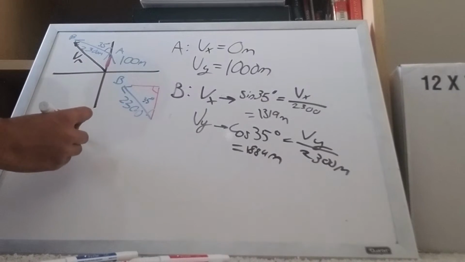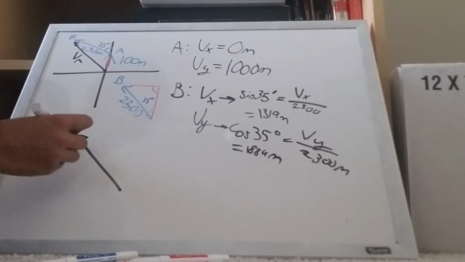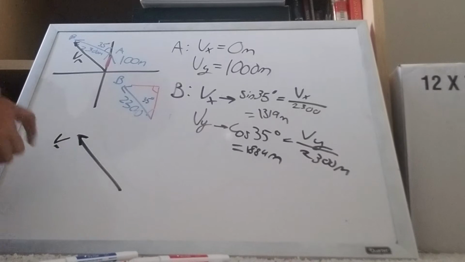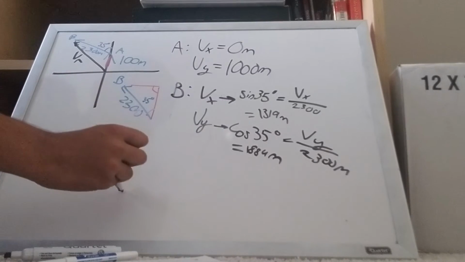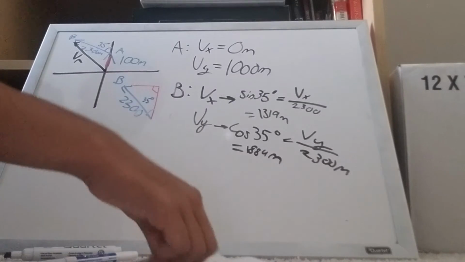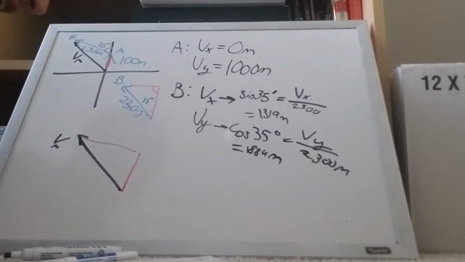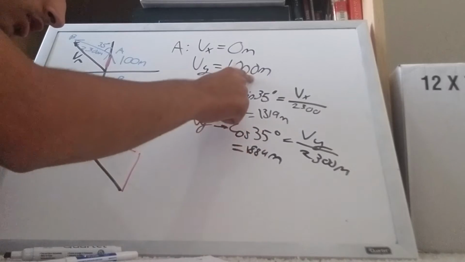So I'm going to draw out the resultant vector here, VR. Then we're going to draw the components, and we know the length of these components because we calculated them here.